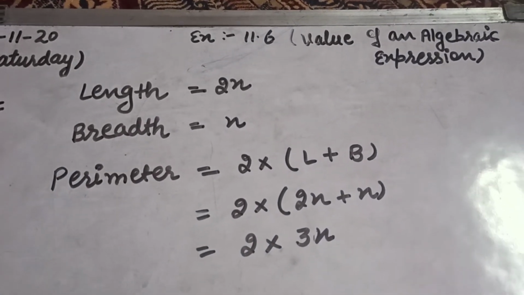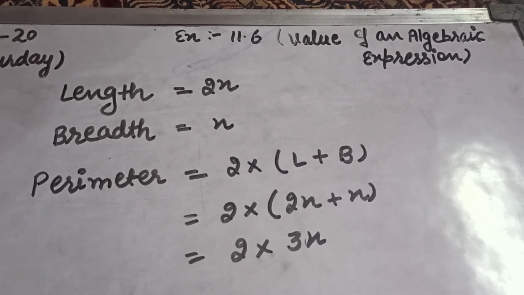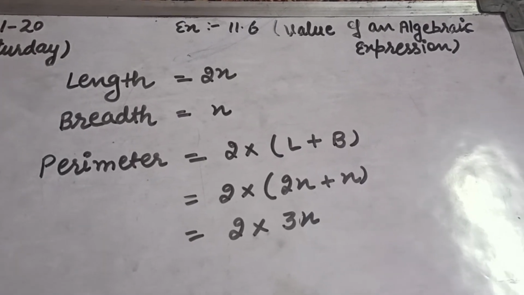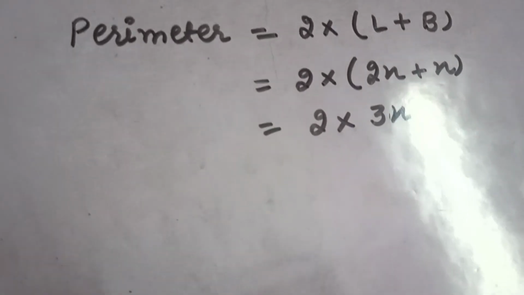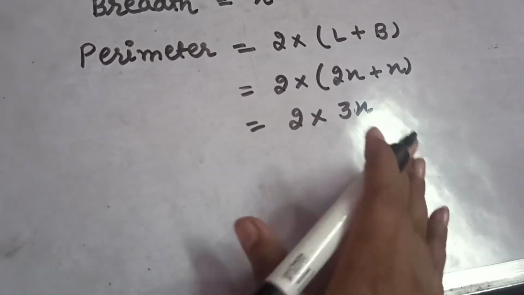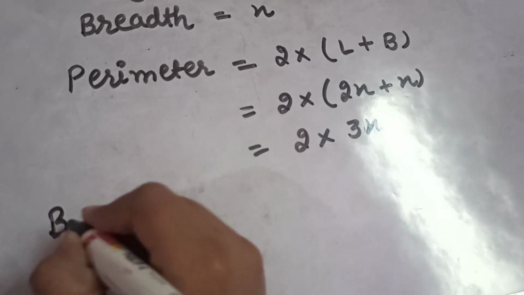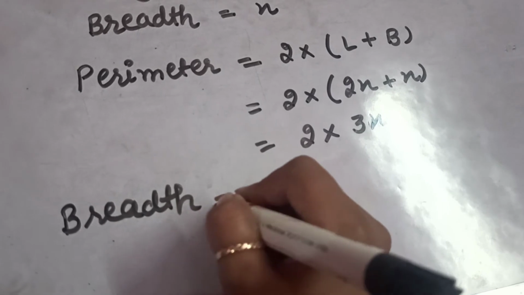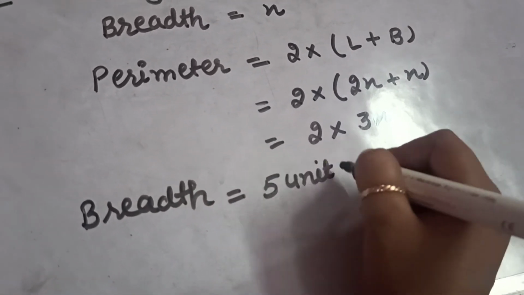Now, using that, calculate the perimeter of the rectangle whose breadth is 5 units. So breadth is equal to 5 units, right?